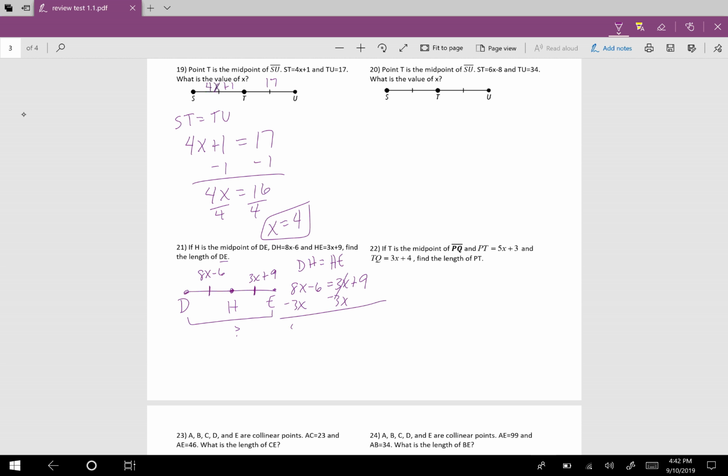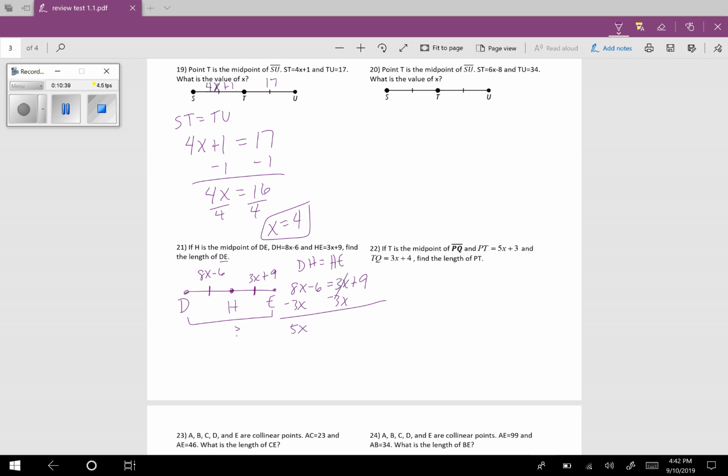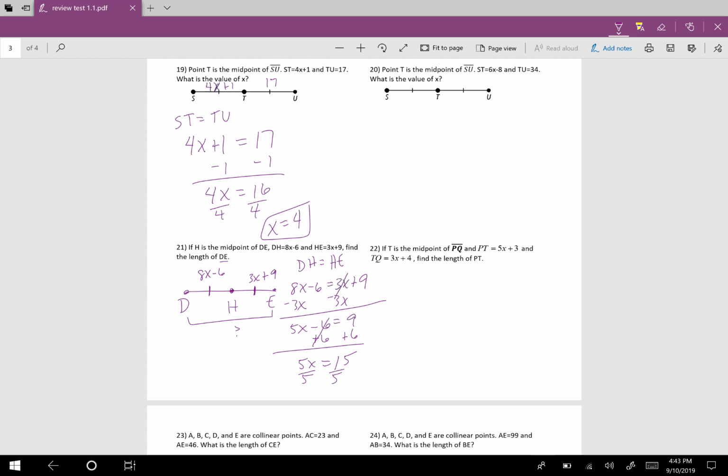So 8x minus 3x is 5x, and we still have minus 6. That's equal to 9. Okay, add 6 to both sides. So 5x equals 9 plus 6, which is 15. So divide by 5. So we get x is equal to 3.